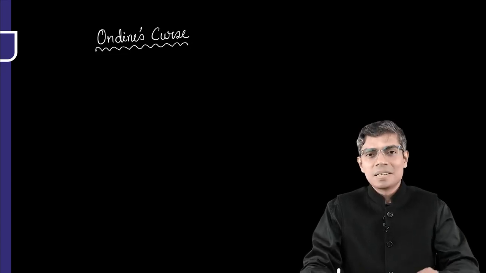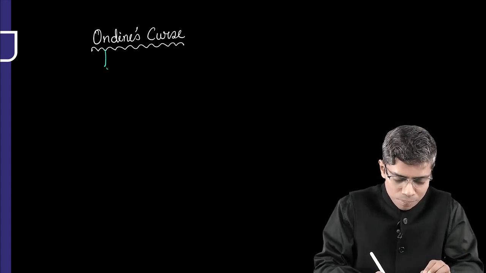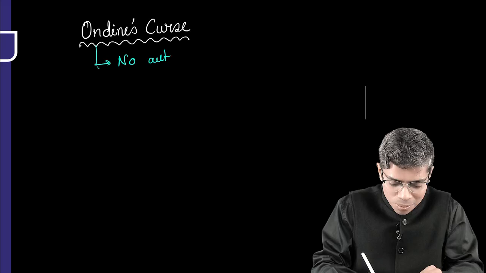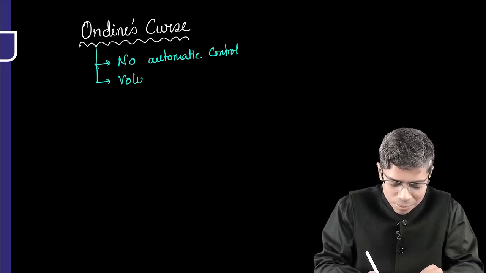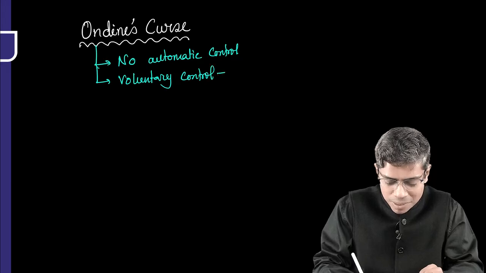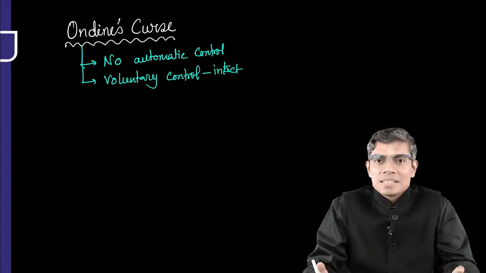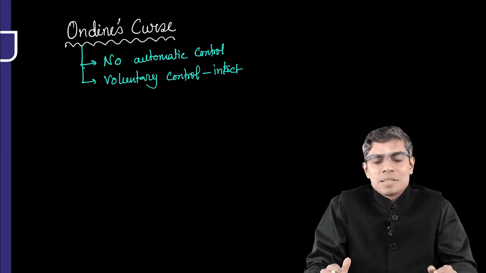The meaning is, Ondine wants to say that Hans will have no automatic control of respiration, but voluntary control of respiration will remain intact, right? So what is the meaning of this? Obviously, Ondine is not going to say this kind of medical terminology. So she simply said that you will not be able to sleep peacefully in your whole life.